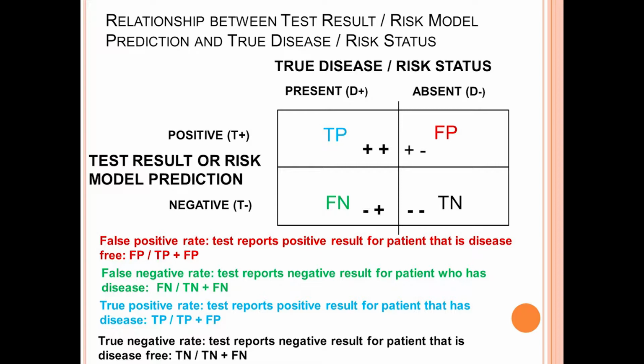We have false positives where the patient doesn't have the disease, is not at risk, but the test or the model prediction is positive, and we have false negatives where the patient has a disease or is at risk, and the test or the model says otherwise. So the big question is, how do we estimate the extent of this uncertainty which exists in just about every test or model?